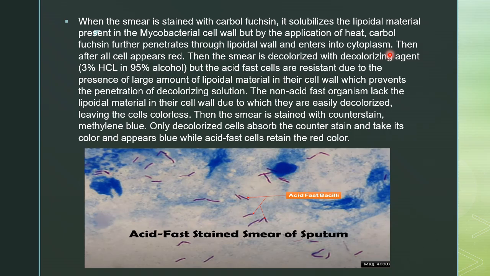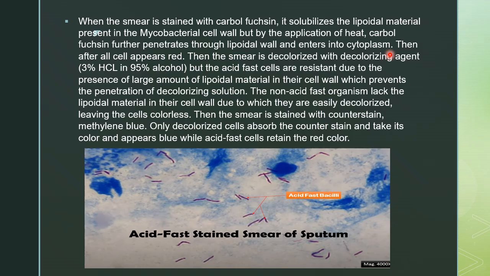This carbamazepine is made up of phenol, and as a result it solubilizes the lipoidal material, that is mycolic acid. It solubilizes the mycolic acid layer in the cell wall, and further you will apply heat, and this heat also will help the carbamazepine to move inside the cytoplasm.